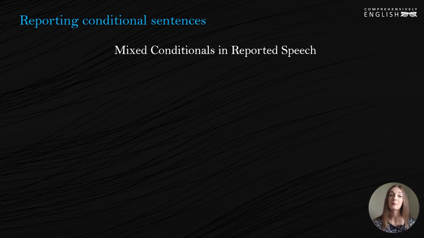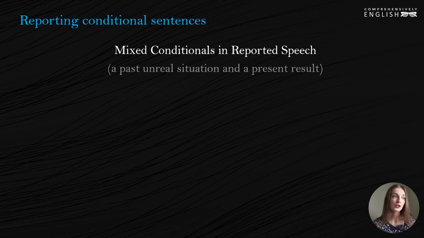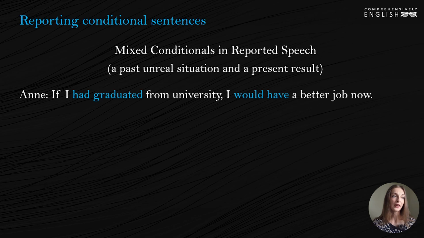We also have mixed conditionals. If you don't remember about mixed conditionals, please watch my video on that subject. For now, I'll remind you that we have two different types of mixed conditionals. The first would be when we have a past and real situation and a present result. For example, Anne, if I had graduated from university, I would have a better job now.